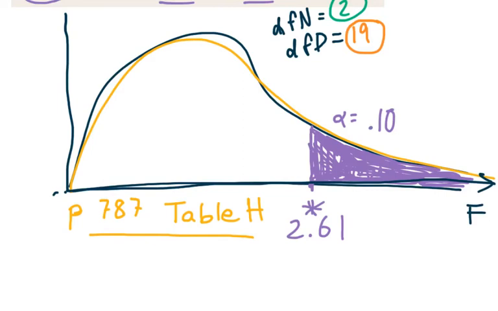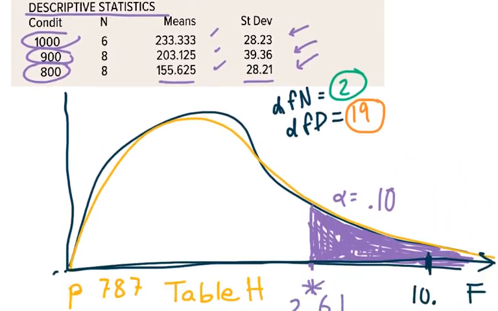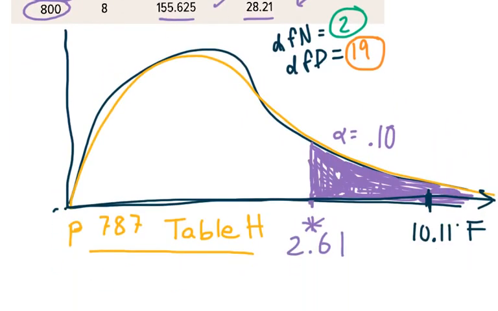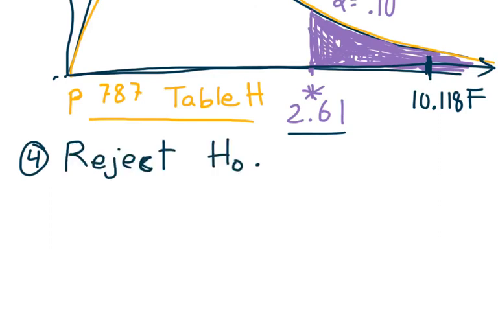Well, maybe it's not to scale, but we're past the critical cutoff value. Our F score is 10.118, and the critical value was 2.61. So we are well into the rejection region. Therefore, our decision for this hypothesis test is going to be to reject the null hypothesis.